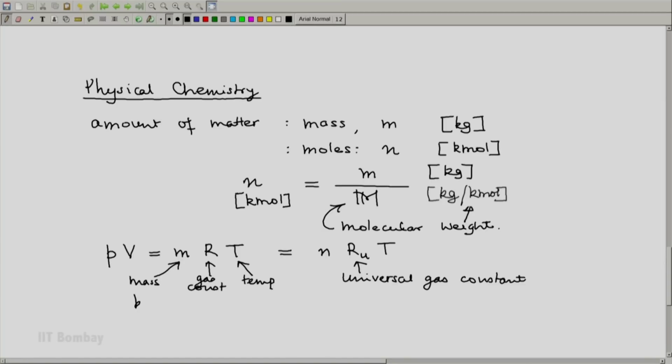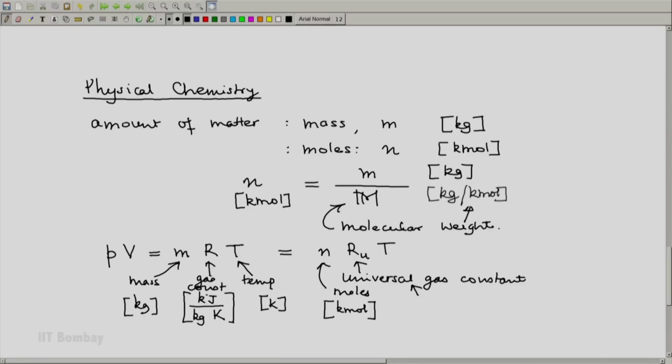Mass has the unit kg, the gas constant has the units, say kilojoule per kilogram Kelvin or joule per kilogram Kelvin, and temperature has the unit K. On the second right hand side, n is the number of moles, unit will be kilomole.